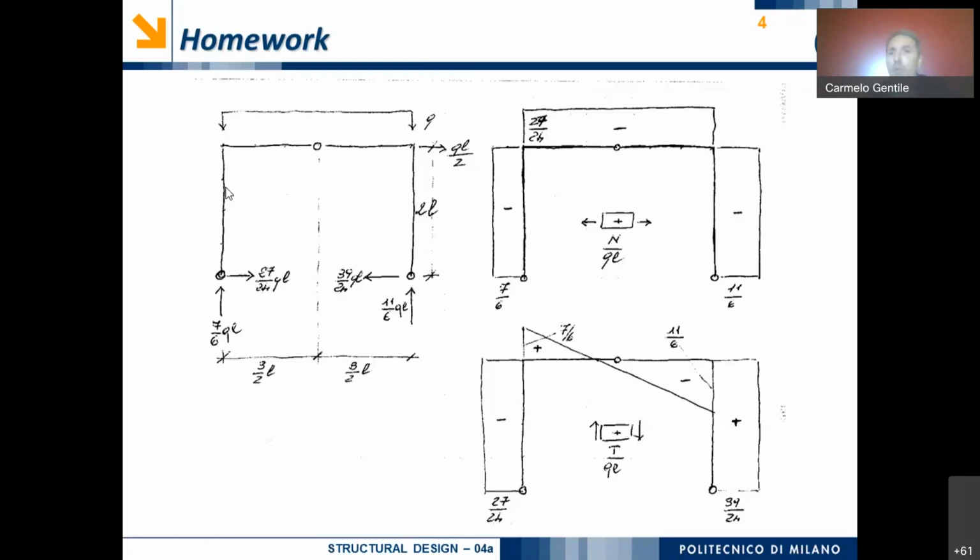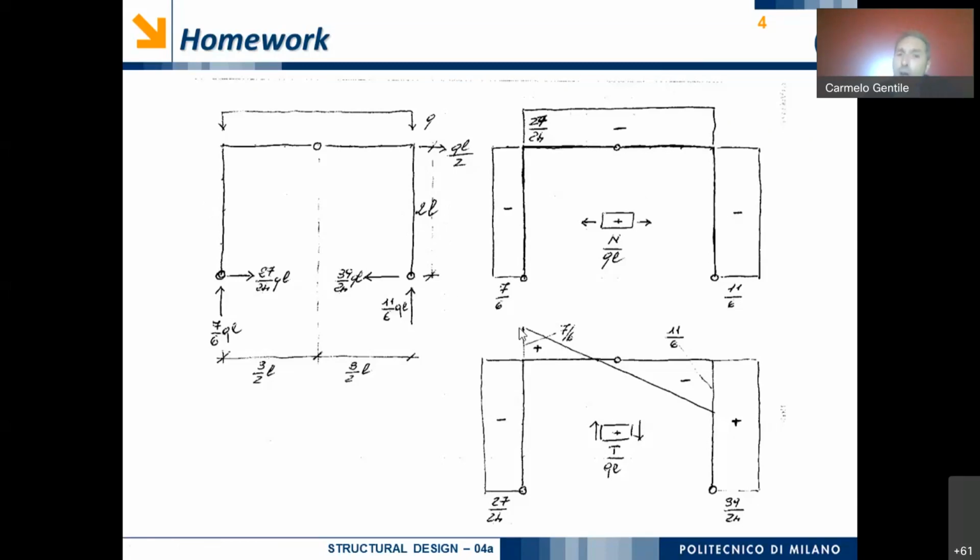And so what we expect is a linearly increasing value of the bending moment, where the fibers in tension are the external fibers on the left-hand side, and again, the external fibers also on the right-hand side.